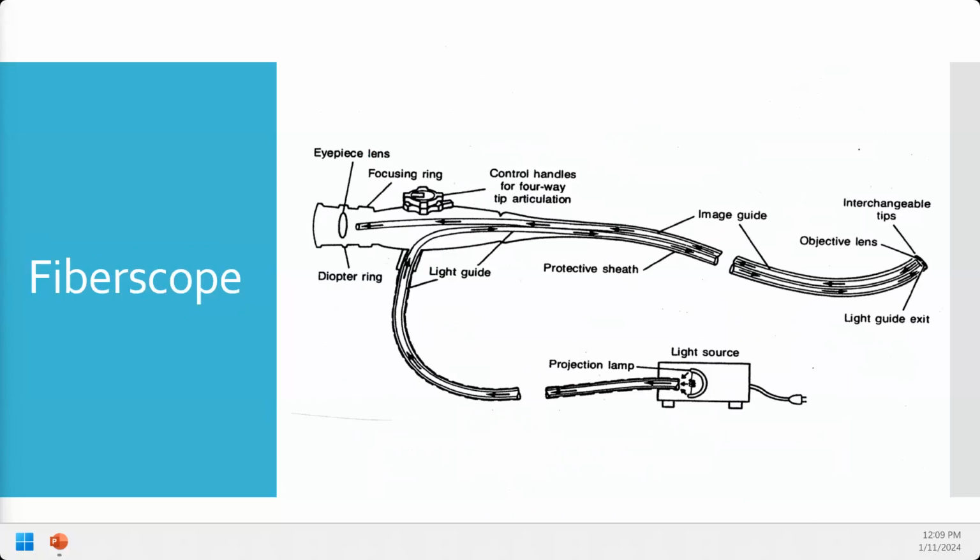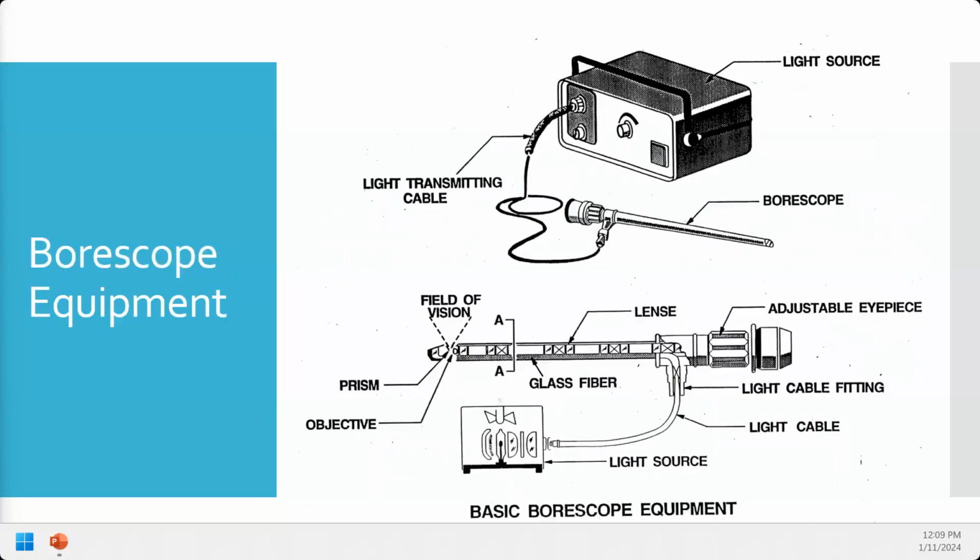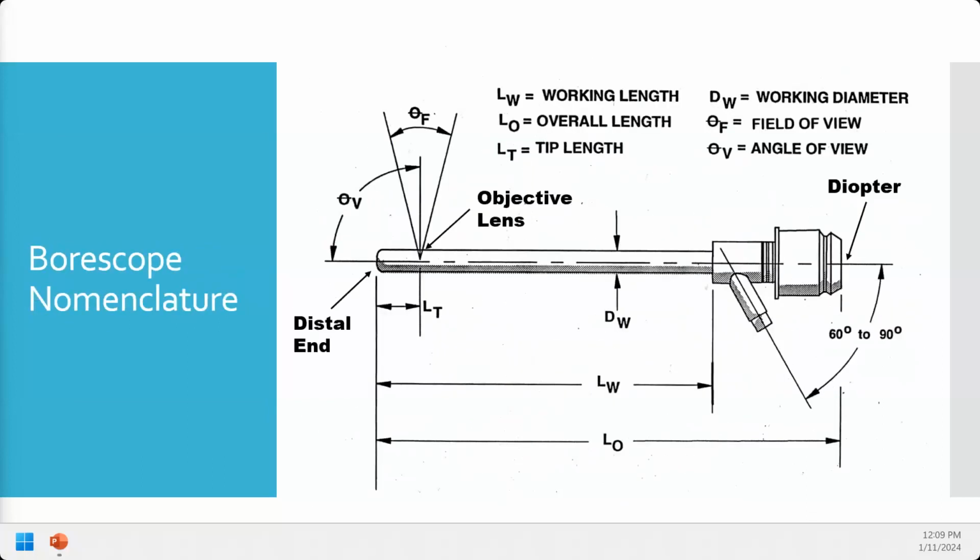That does bring me back real quick on this. If we have one of these articulating scopes, what is the angle of view on this scope? It's 0. What is the angle of view on this scope? It is still 0. Okay?